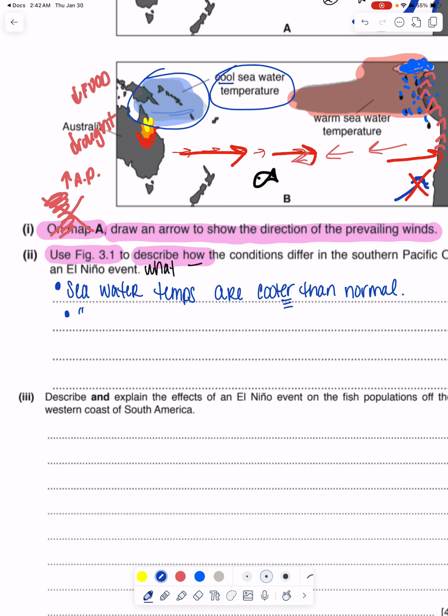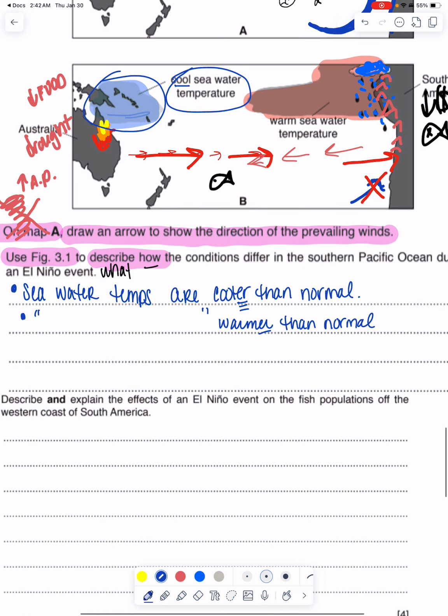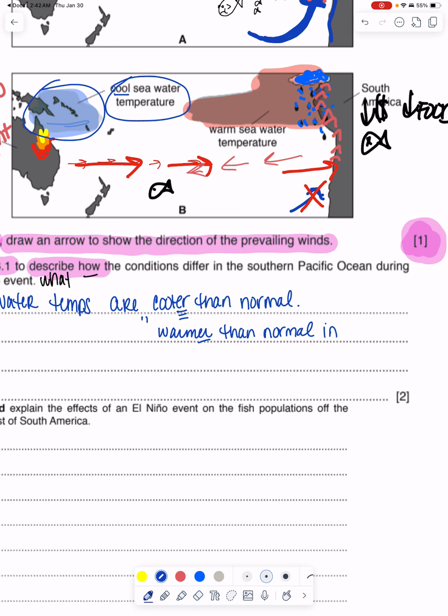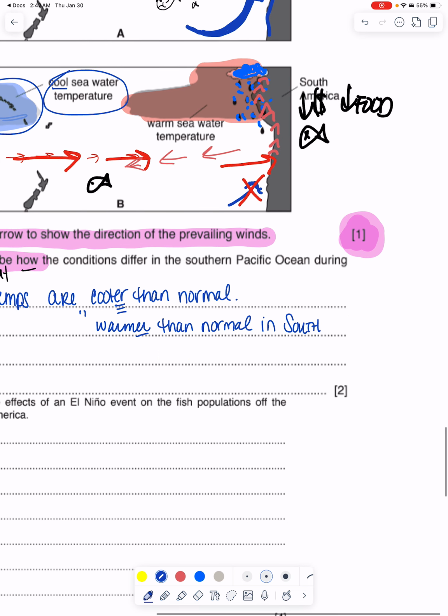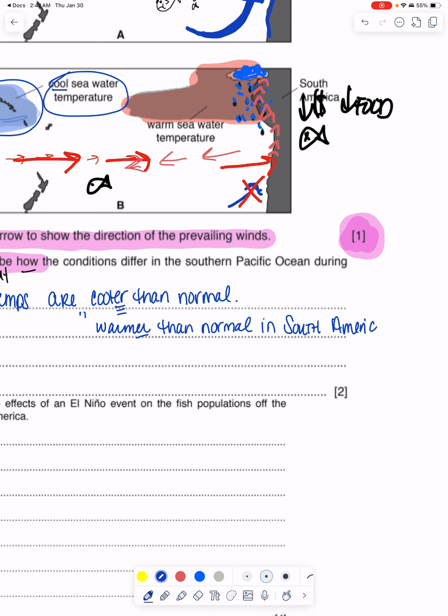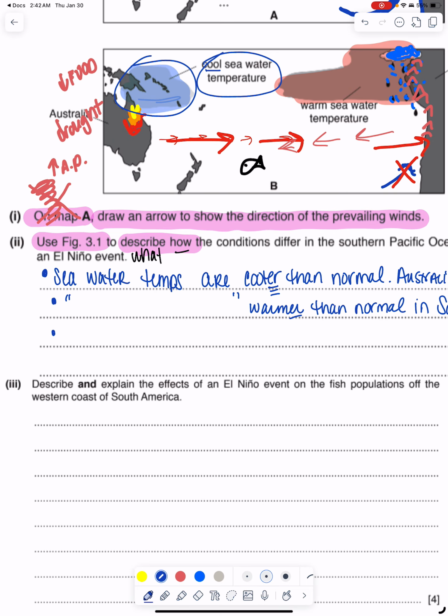Likewise, quotes mean whatever I wrote above it, you can write below. It's the same thing, same starting sentence. Seawater temps are warmer than normal. And I suppose I should definitely give a location in South America. And this one is going to be in Australia. And again, we're just using the picture.